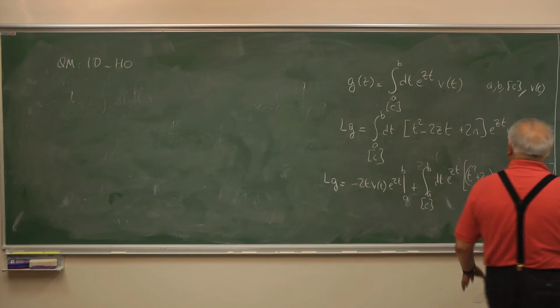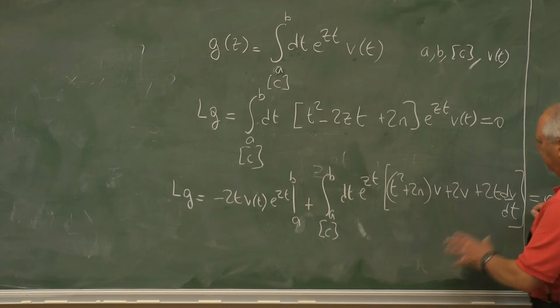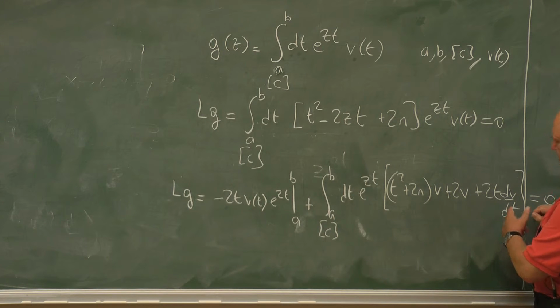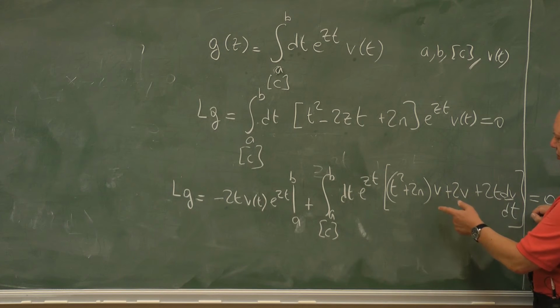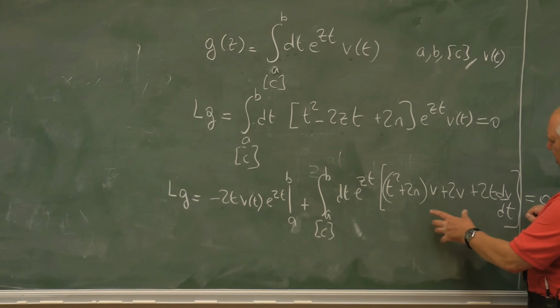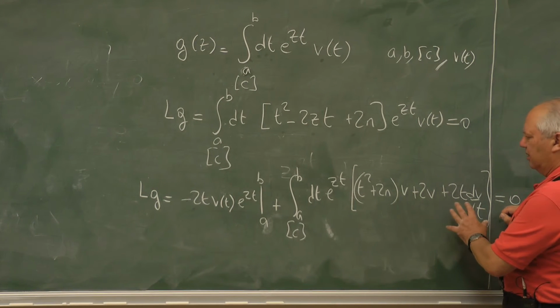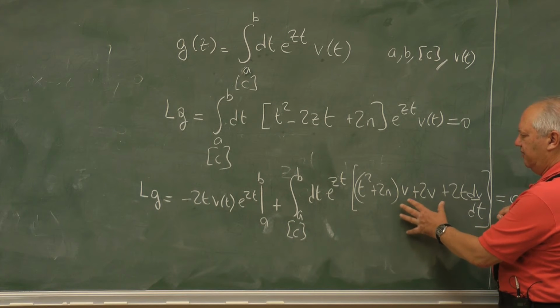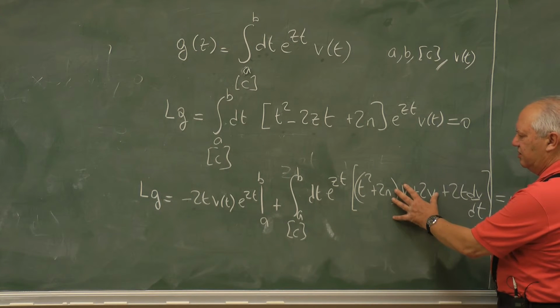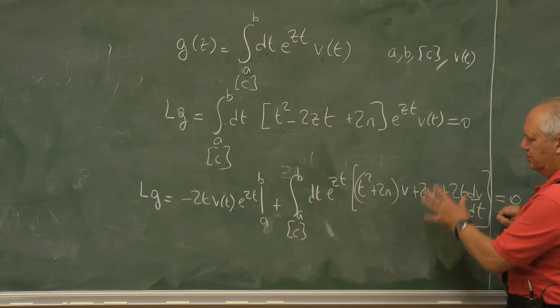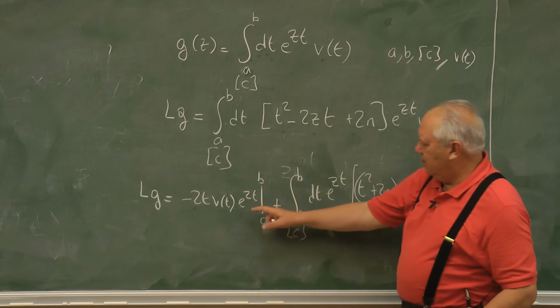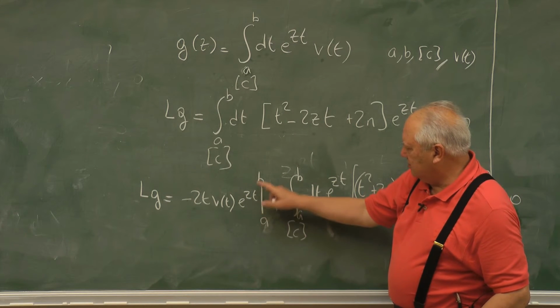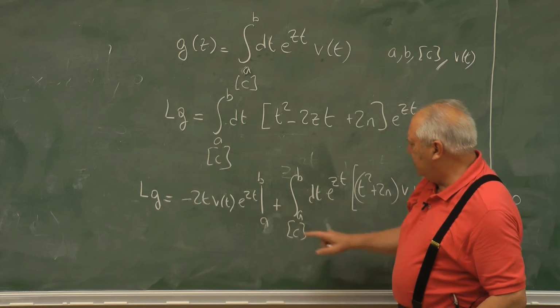The idea is the following. Right now we have a differential equation for v. If we take v as the function that satisfies this differential equation, the result is 0, and then we have to think about a, b, and c.